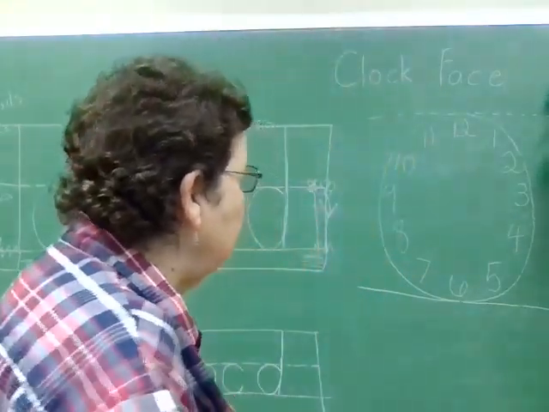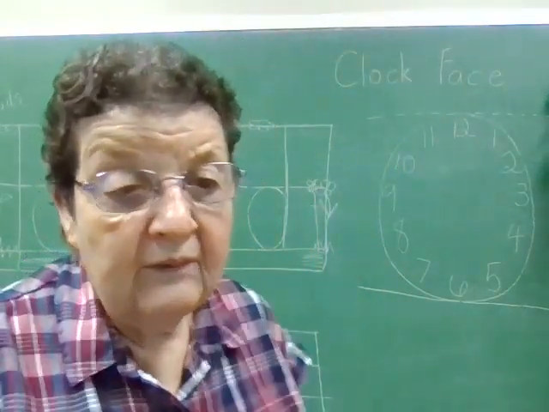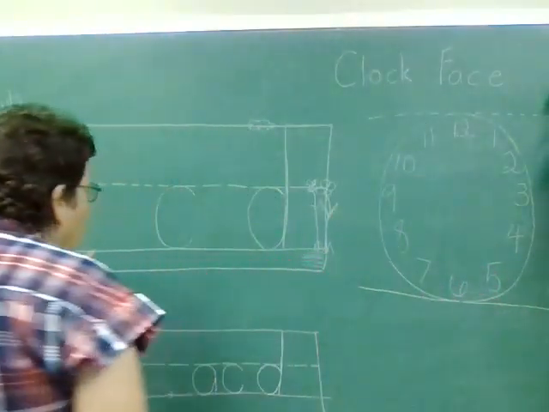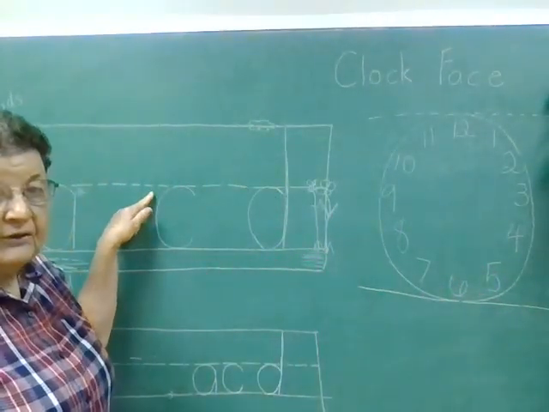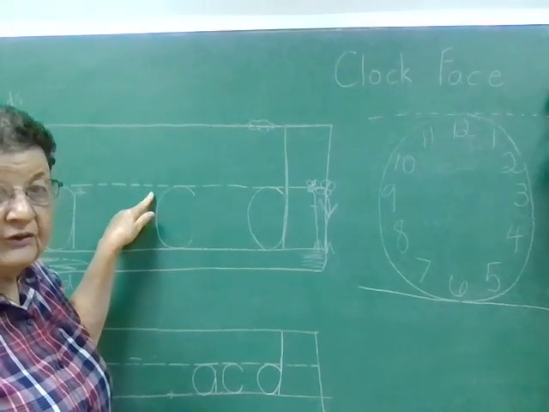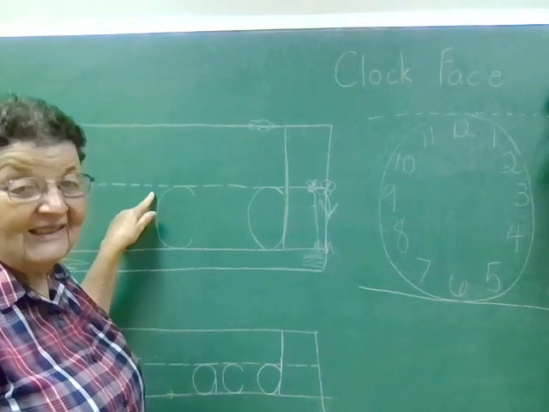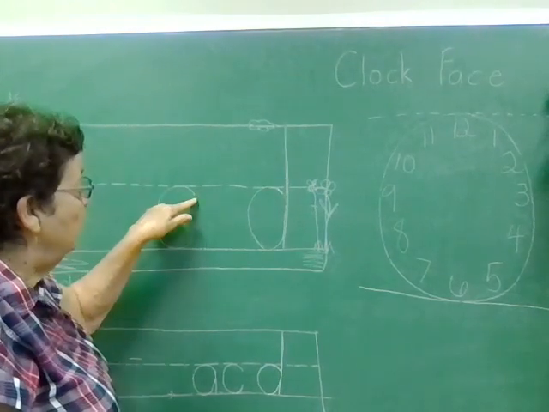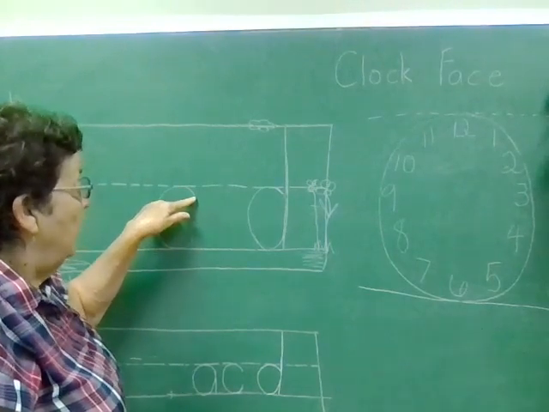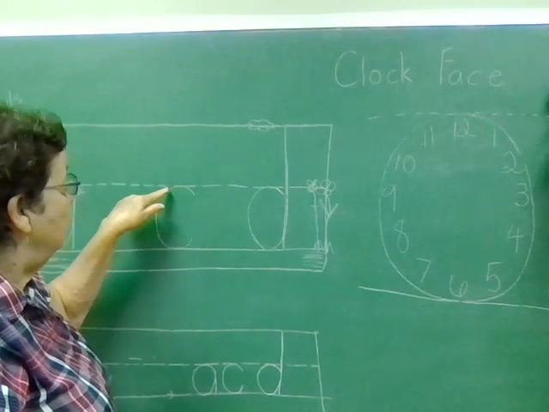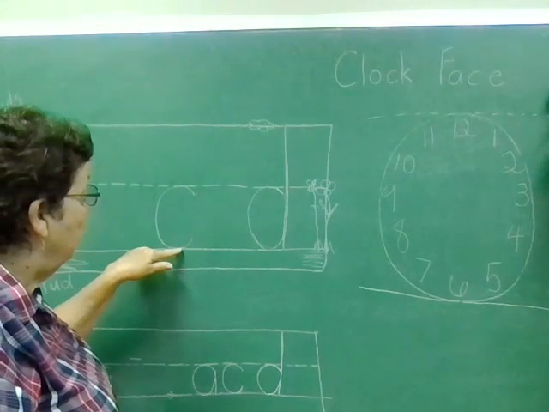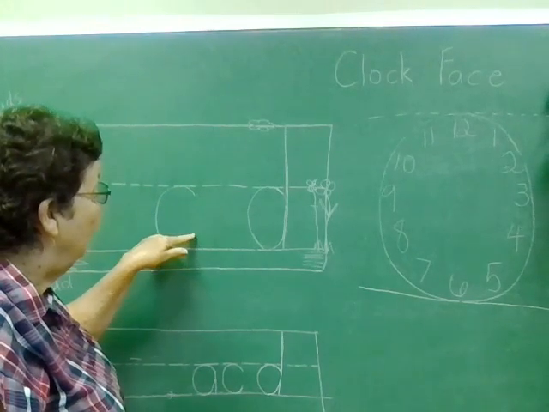So the next one we have is going to be the... we start at the 2, this is the way it looks, and we go around and up to the 12, down around to the 9, down around to the baseline, which is a 6, and up and around to the 4.